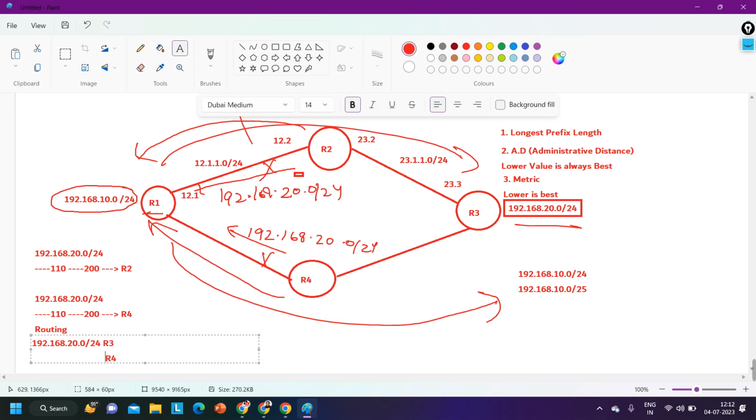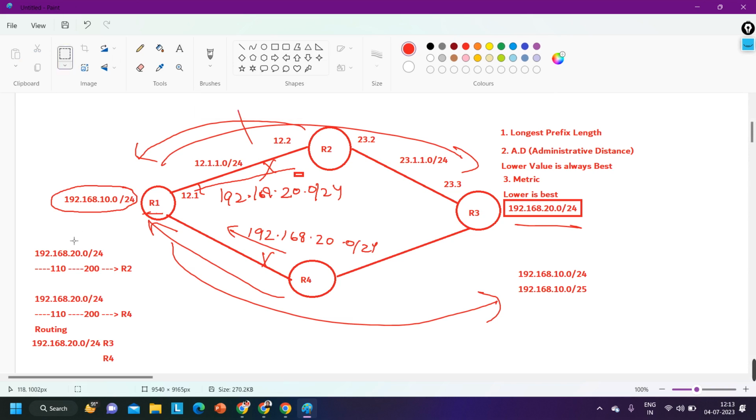Getting my point? Router 1 will receive this network via both routers. It can forward traffic to router 2 and it can forward traffic to router 4 also. This is the funda of dynamic routing. Is it clear? I think it's not router 3, it should be router 2. Yes, it is router 2.